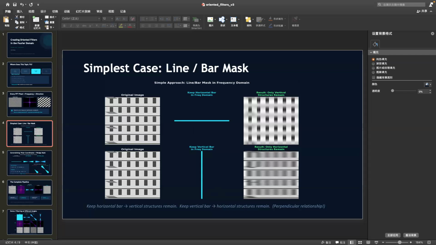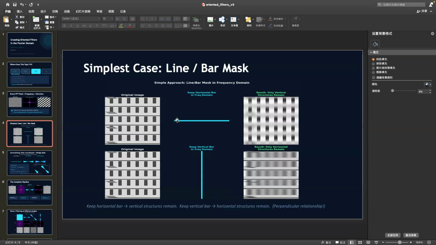We can also do the opposite operation, which is we keep the vertical bar, and the result is we're blurring out the horizontal. That is already a working oriented filter. It's just a line through the frequency domain, and it selects one direction.